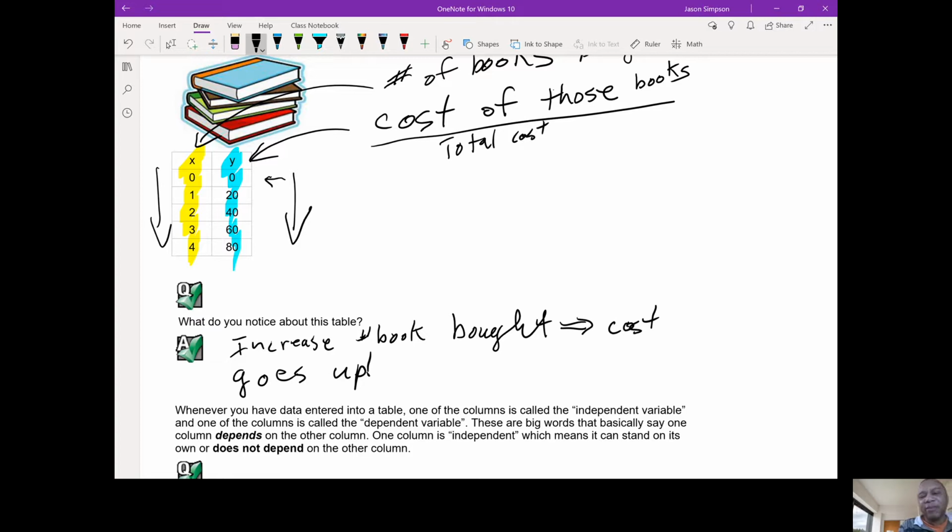I could even tell you that for every step, every new book costs 20 bucks.